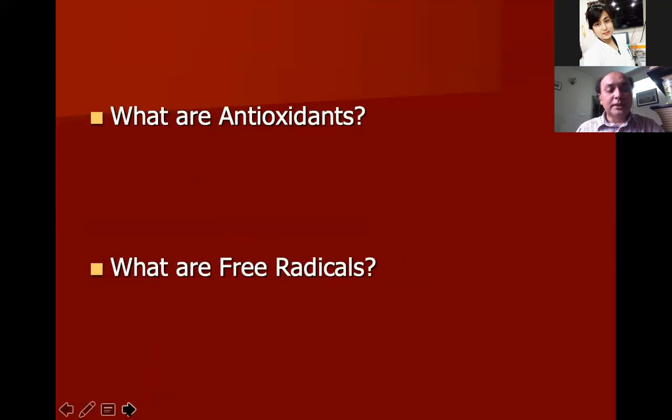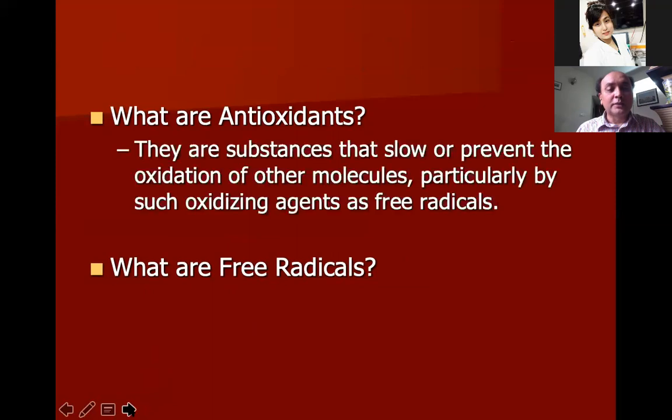So we discussed antioxidants and free radicals. What are antioxidants? You know what free radicals are. Antioxidants are substances that slow or prevent the oxidation of other molecules, particularly by oxidizing agents such as free radicals. In our body, due to physiological processes, especially when we are in a stressful environment and situation, lots of superoxides are produced, like hydrogen peroxide, singlet oxygen, and even O3.